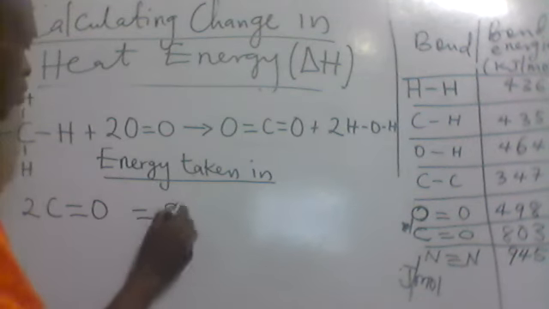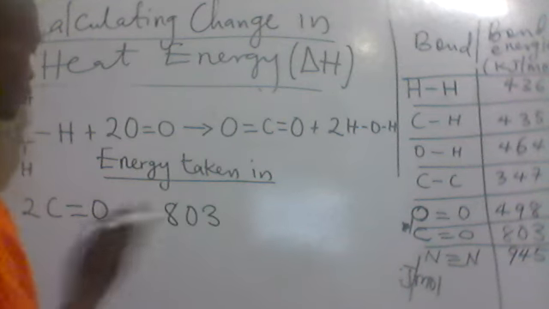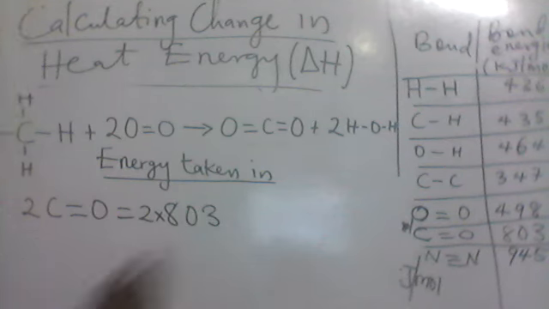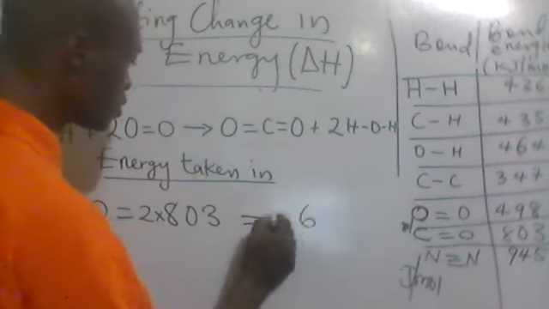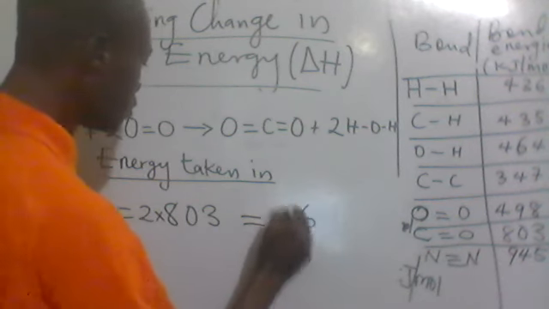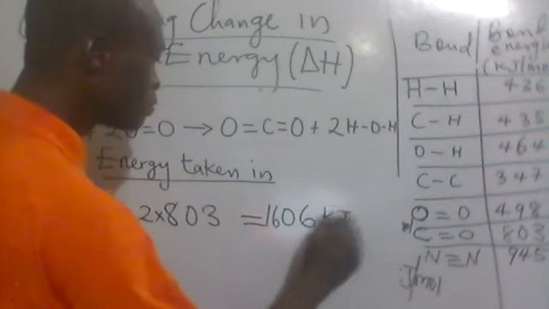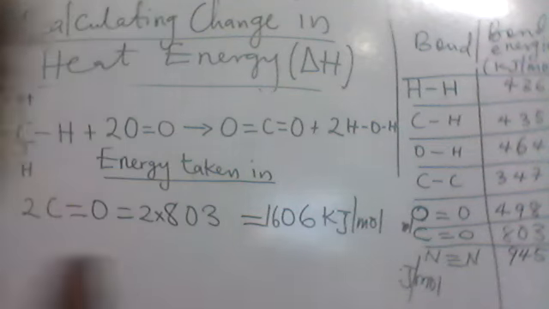That is 2 times 803. We should be able to have 1606, kilojoule per mole.